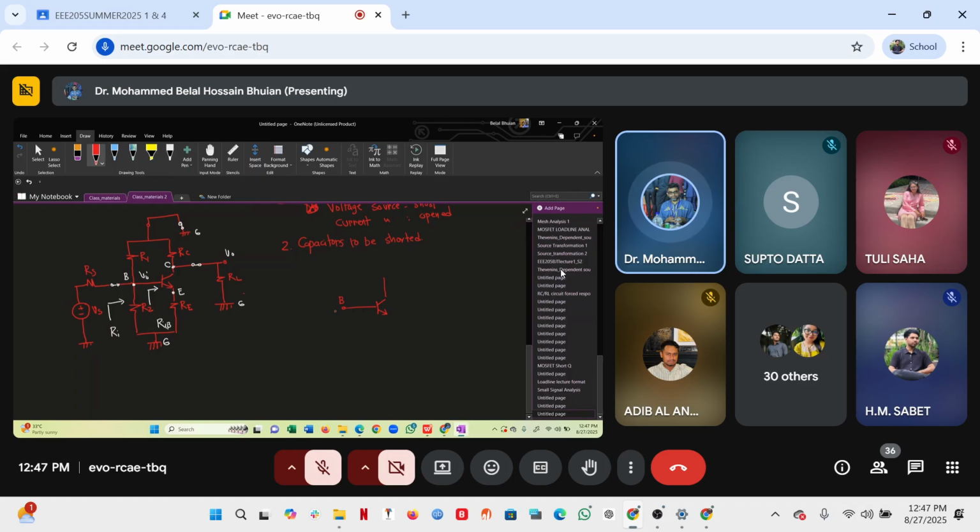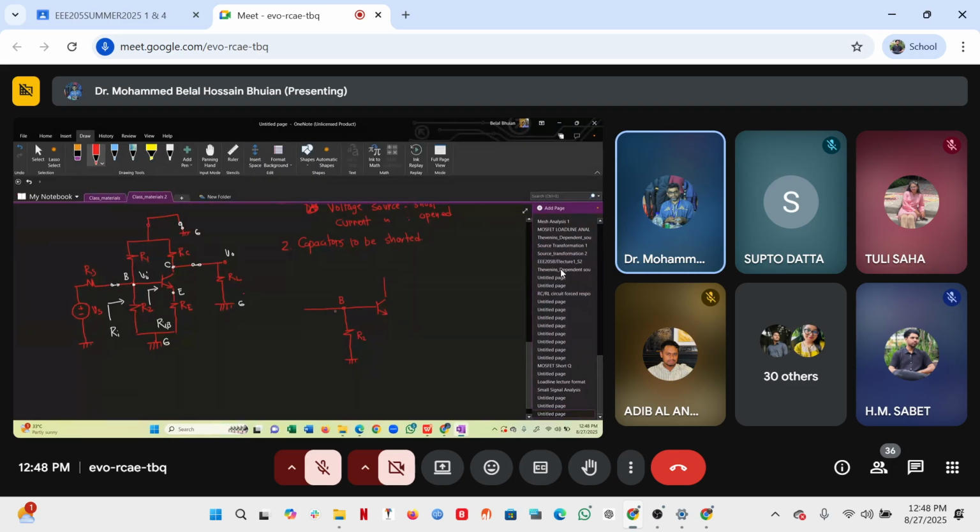From base to ground, we have a resistance R2. Again, from base to another ground, we have another resistance R1. So what does that mean? R1 and R2 are connected in parallel because they are connected between two nodes, node 1 and node 2. This ground and this ground are the same point. So when you have more than one element connected between two nodes, they are connected in parallel.